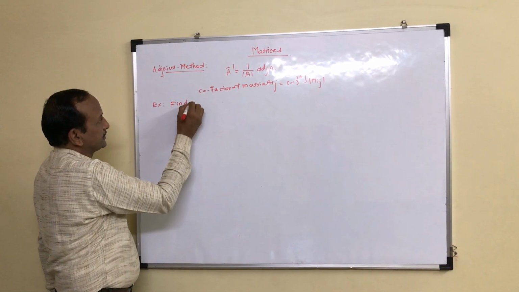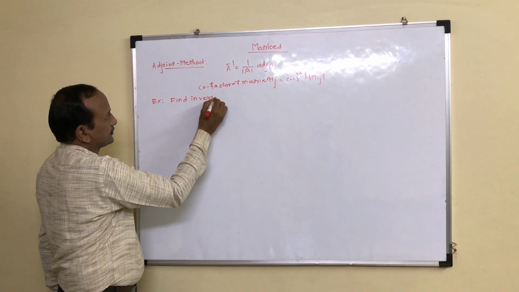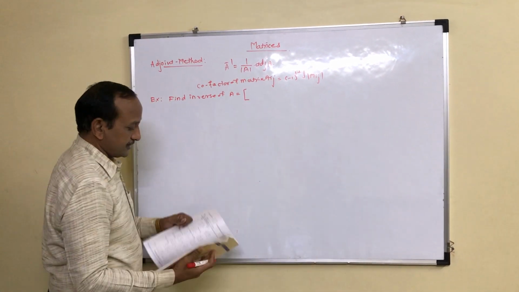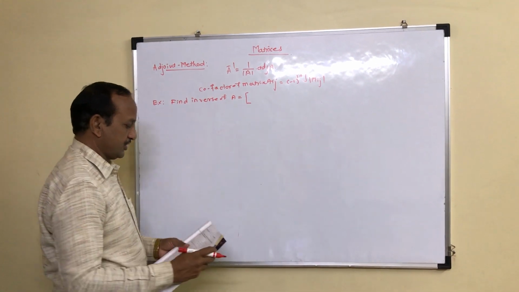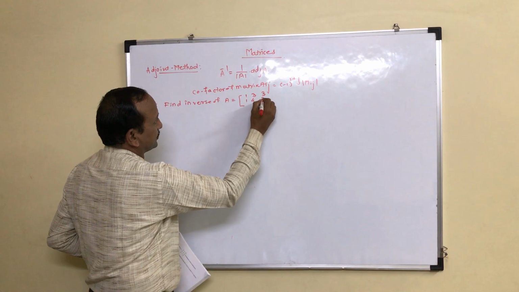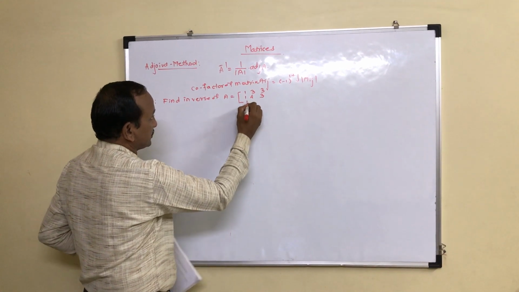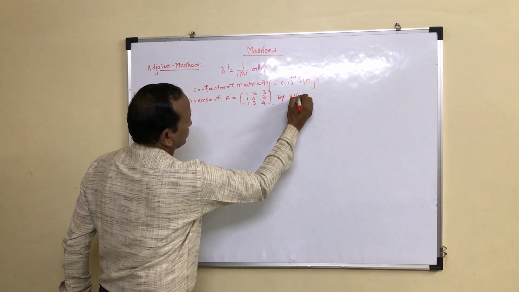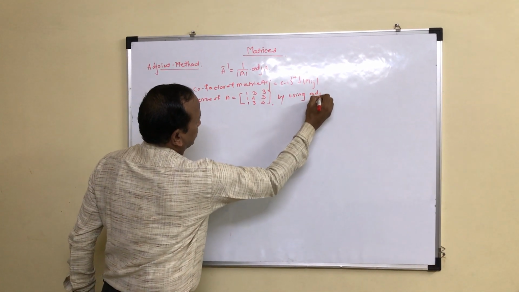Find the inverse of A, where A is the matrix 1 3 3, 1 4 3, 1 3 4, by using the adjoint method.